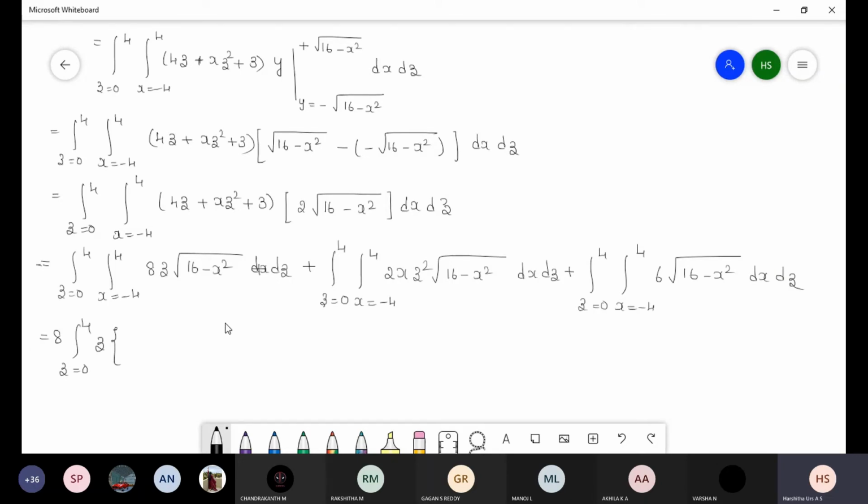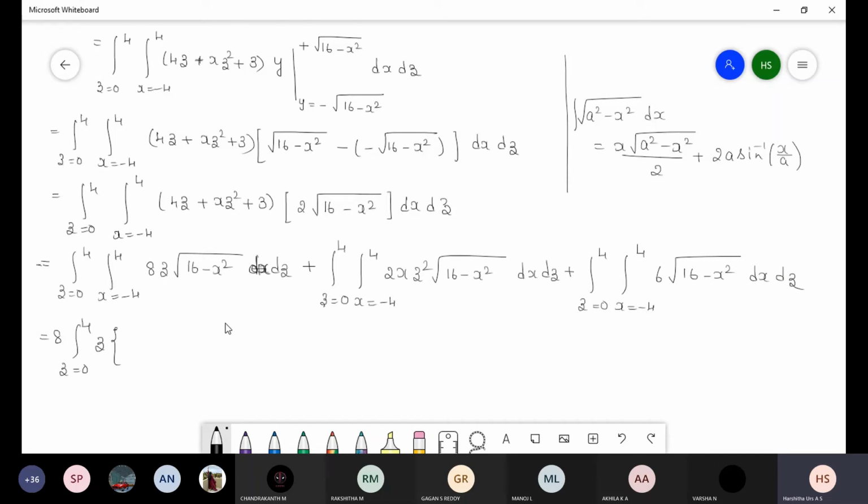The integration of root of a square minus x square into dx is equal to x into root of a square minus x square divided by 2 plus a square by 2 into sine inverse of x by a. This is the formula, so the same thing we are going to apply here.